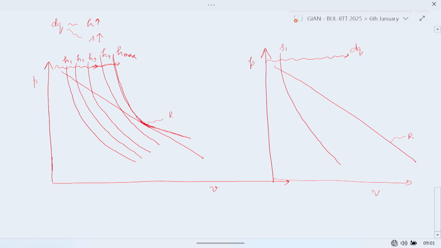So here it is S1, entropy, addition of heating will cause the entropy to increase. Addition of heating will cause the entropy to increase from S2 to S3, and then it can increase. So then it becomes S max.